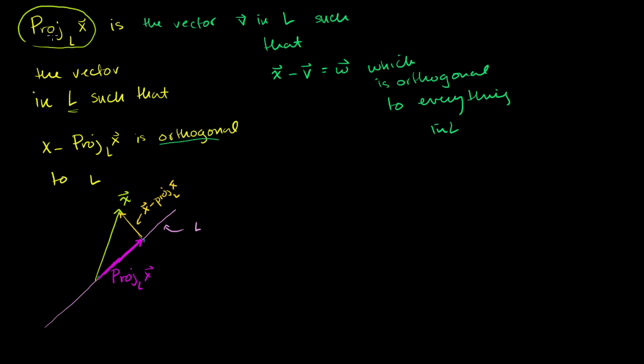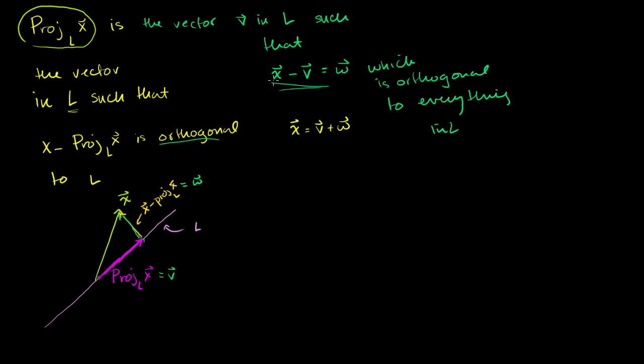Instead of just leaving it as the projection of x onto L, I said, hey, that's some vector v in L. So this is some vector v in L such that x minus v is equal to some other vector w, which is orthogonal to everything in L. Or we could rewrite that statement as x is equal to v plus w.